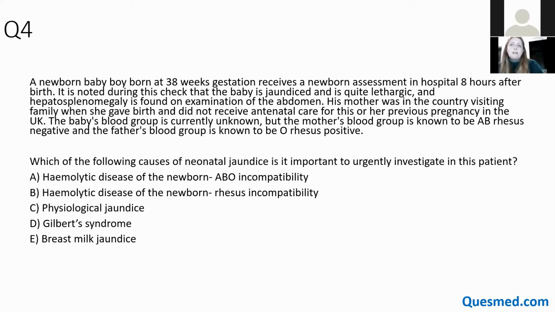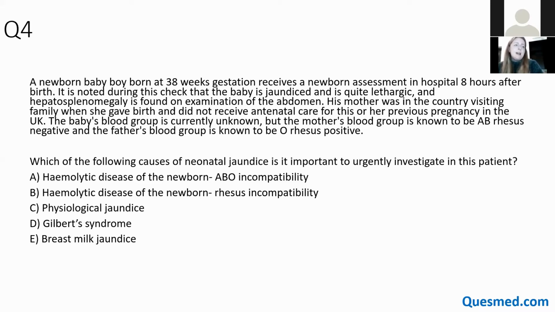His mother was in the country visiting family when she gave birth and did not receive antenatal care for this or her previous pregnancy in the UK. The baby's blood group is currently unknown, but the mother's blood group is AB rhesus negative, and the father's blood group is O rhesus positive. Which of the following causes of neonatal jaundice is it important to urgently investigate in this patient?